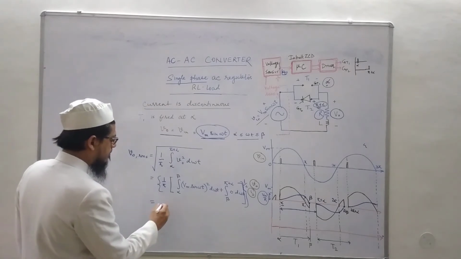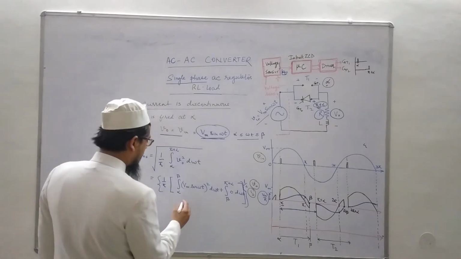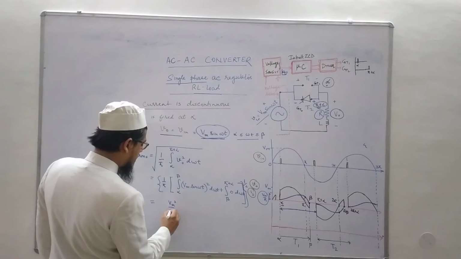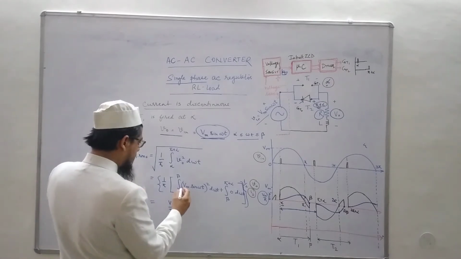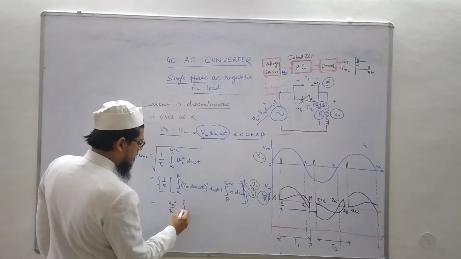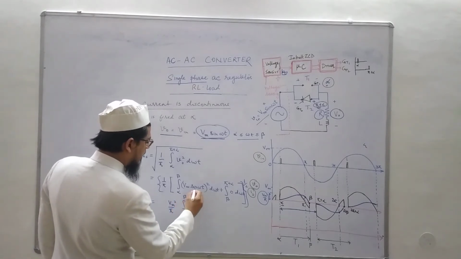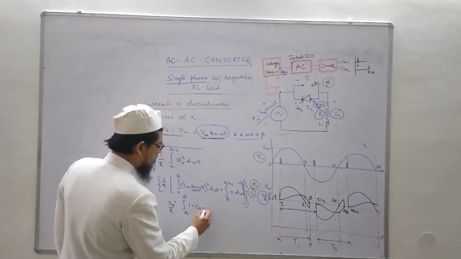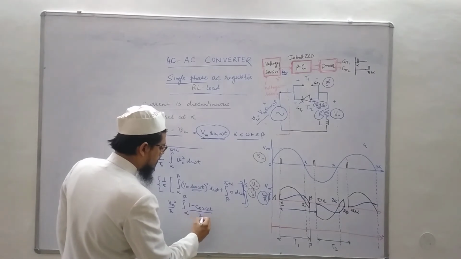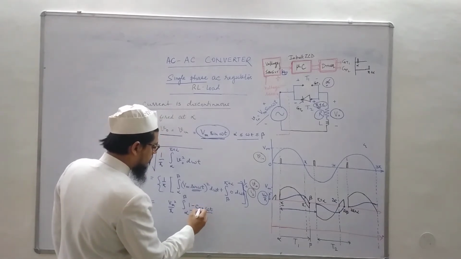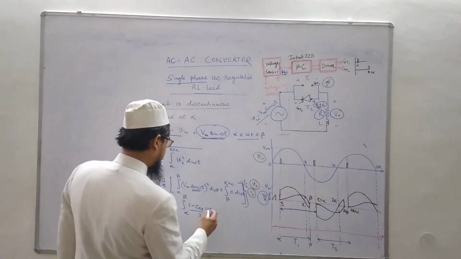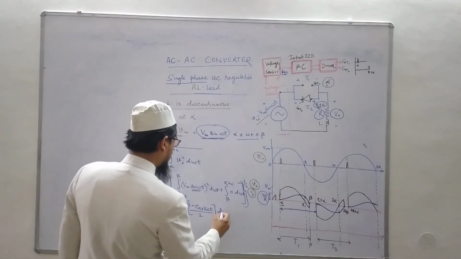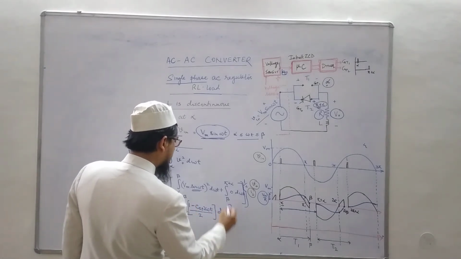Now this is equal to, let me take Vm outside. So Vm square by pi, and I have to integrate sin square omega t from alpha to beta. So sin square omega t is 1 minus cos 2 omega t upon 2, d omega t, and this other term vanishes.